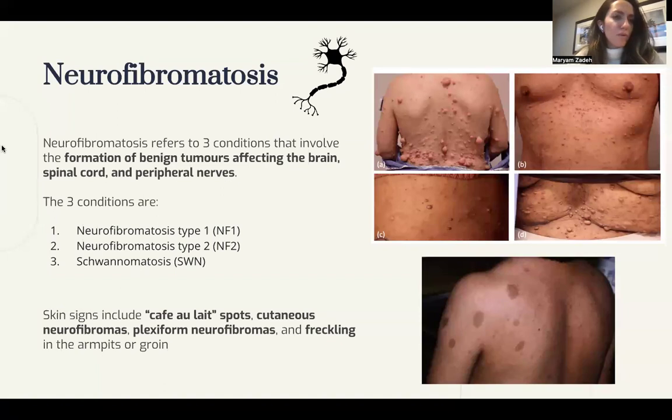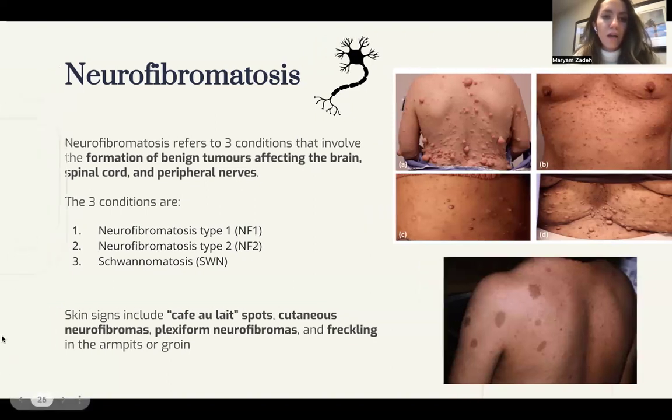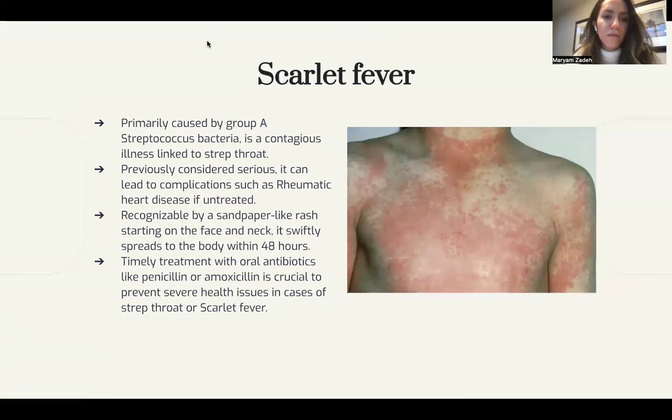I don't remember the specifics, but some affect some organs and some affect other ones. And then schwannomas are brain tumors on your brain. Some of the skin conditions that you can get with those are the café au lait spots, which are at the very bottom, and then those tumors in the pictures on top that you can get all over your body. Actually, they're not dangerous, but they're uncomfortable.